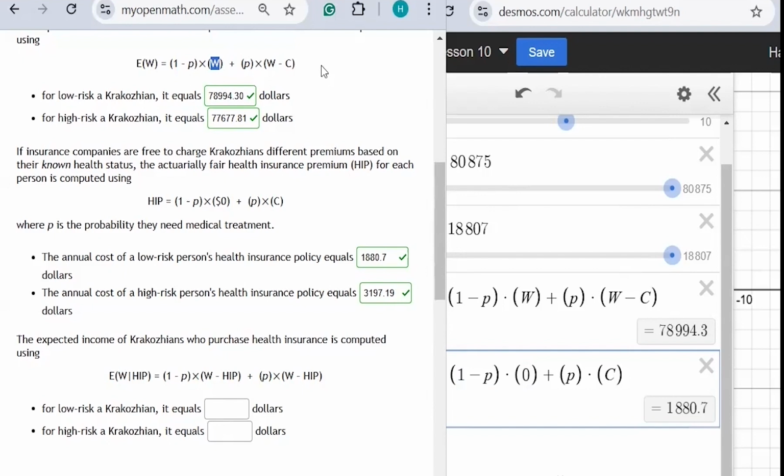But down here, these two things are the same, except the person has purchased 100% actuarially fair health insurance. In this health insurance, there's no deductible. There's no co-insurance because the health insurance company is going to pay 100% of the cost. So in the situation where we don't need the medical treatment, we have earned that amount and we have paid that amount in health insurance premiums.